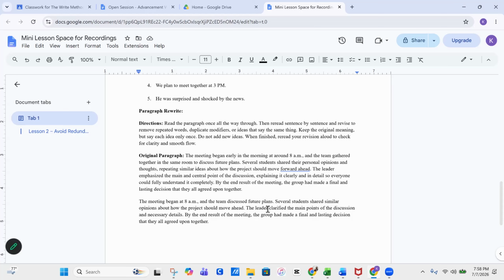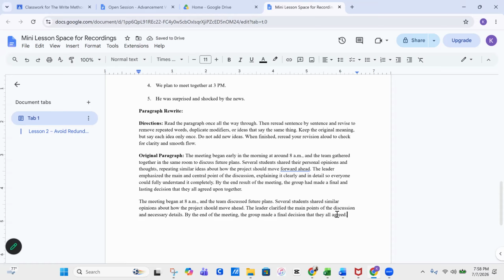It's easier to see if you do it gradually, right? By the end of the meeting, the group had made, what is it made? A final and lasting, well, final is lasting, a final decision they agreed upon together. Obviously, they all agree, it is together by definition.